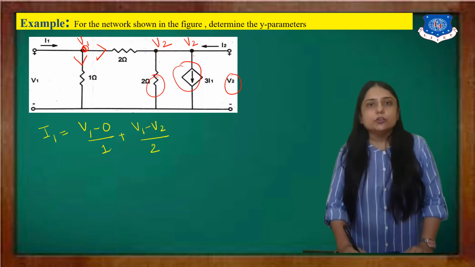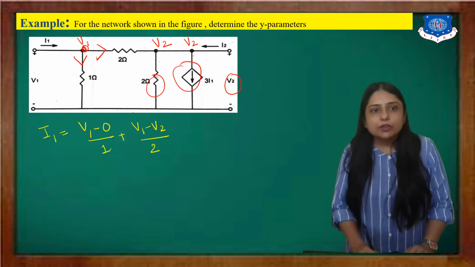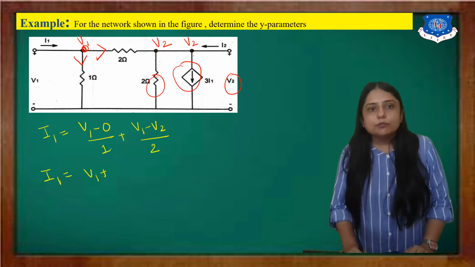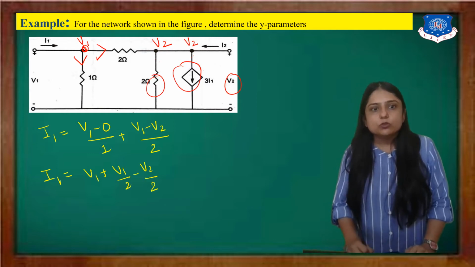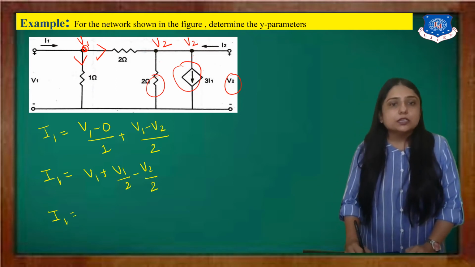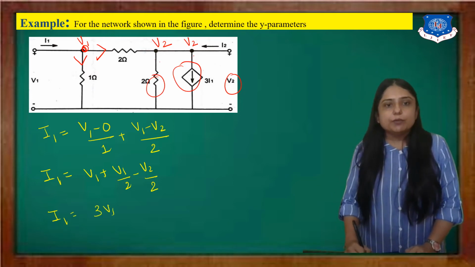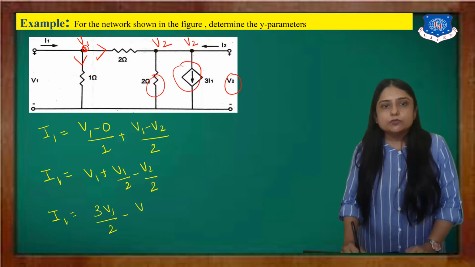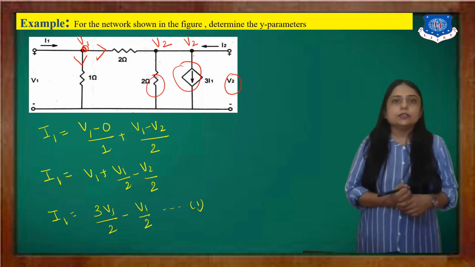Just recall our node analysis. Then the value of I1 is V1 plus V1 by 2 minus V2 by 2, so I1 becomes 3V1 by 2 minus V2 by 2. This will be my equation number 1.